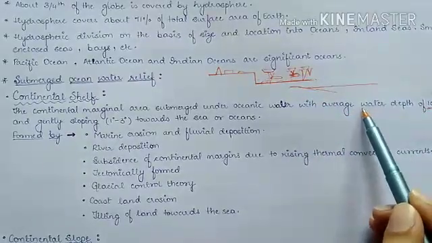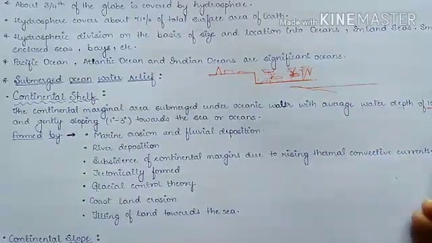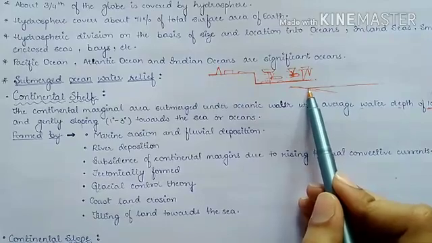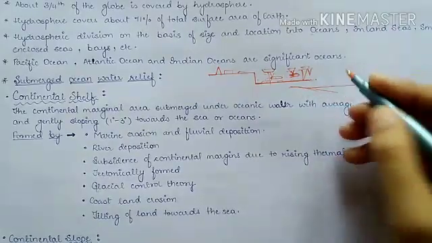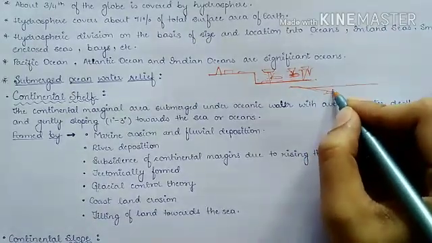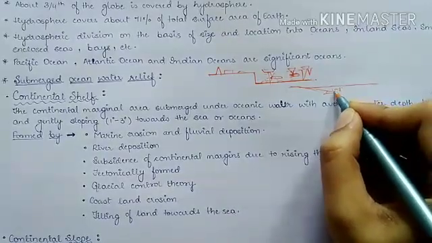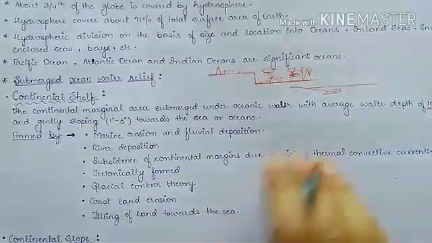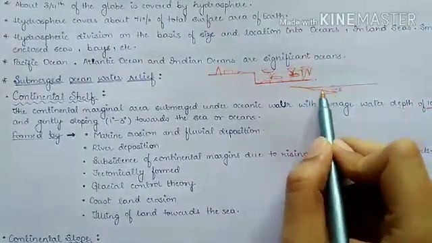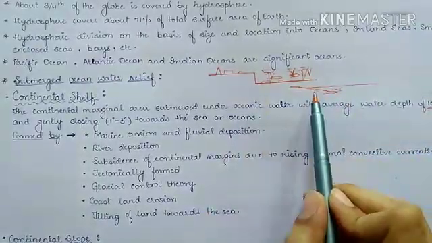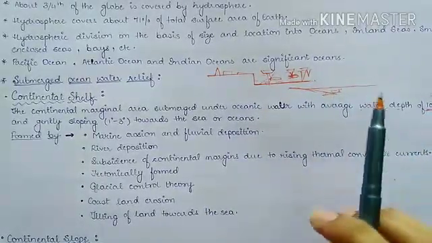So the average depth will be 600 feet, and the slope will be 1 to 3 degrees. This is a very gentle slope, and this slope will be towards the ocean or the sea. So this is known as the continental shelf.